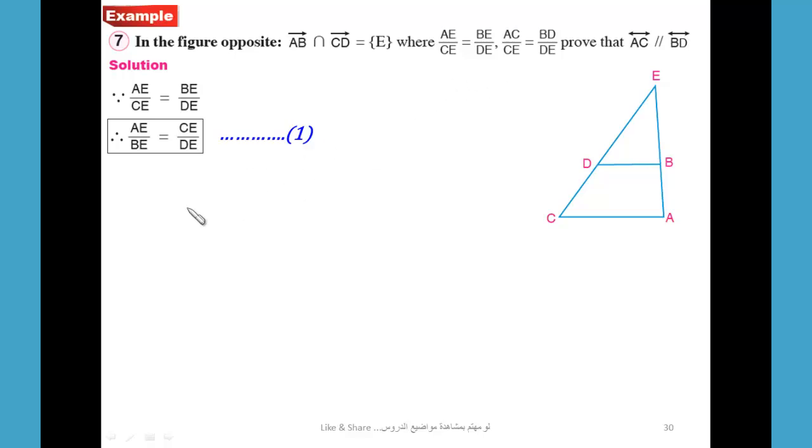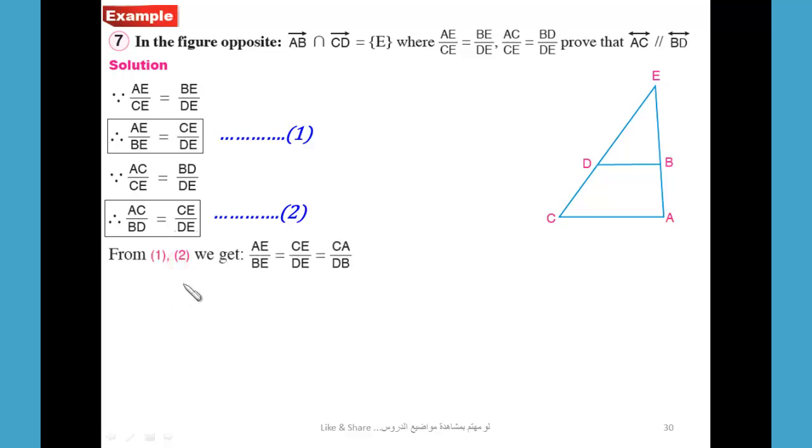And from the given, AC over CE equals BD over DE. Then we use the same property, numerator over numerator equals denominator over denominator. AC over BD equals CE over DE. It is number 2.